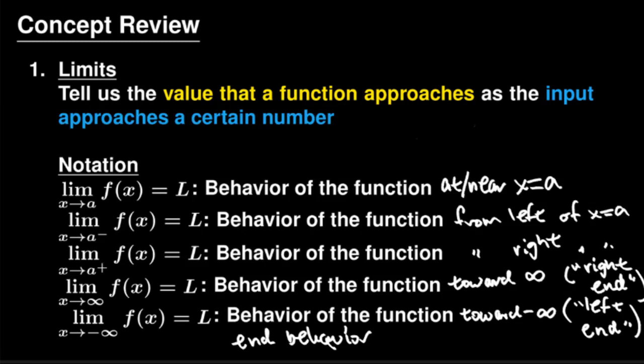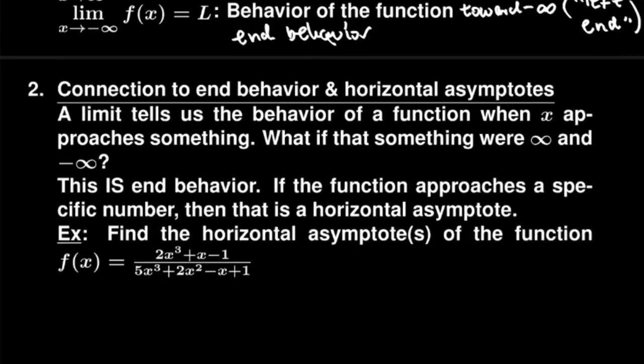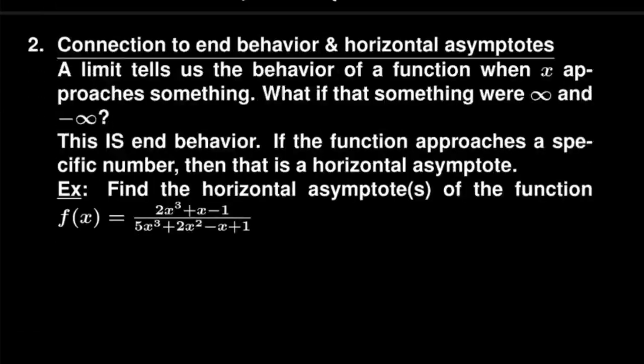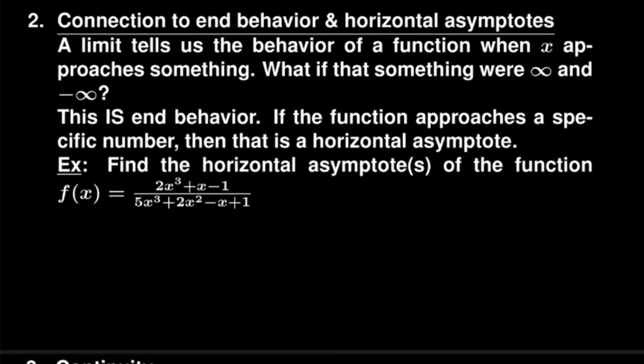Let's continue on this and just look at connections with this and other stuff. Okay, so, one of the main behavior connections that would be easiest to look at is just end behavior and horizontal asymptotes.